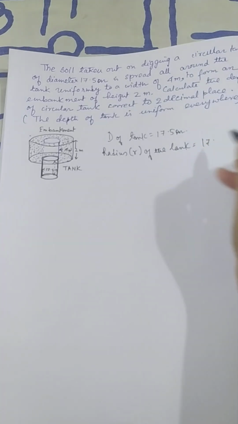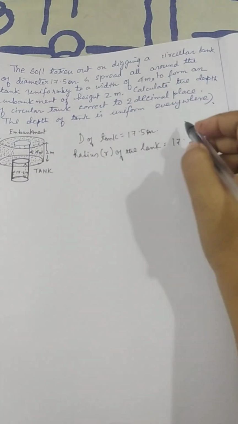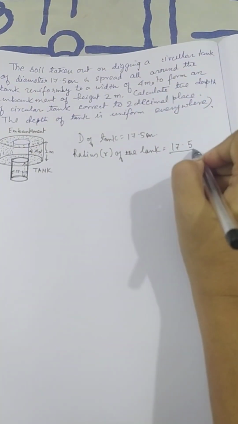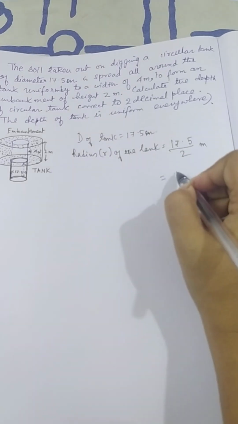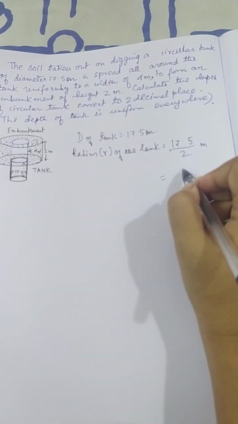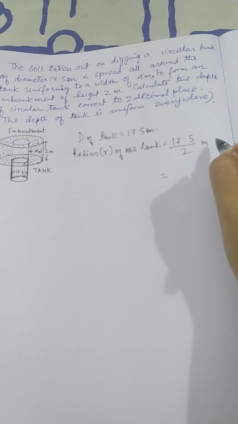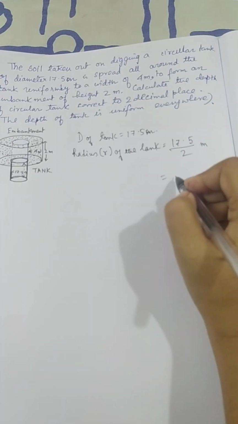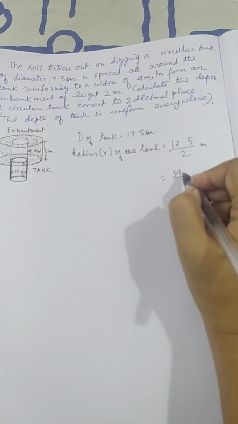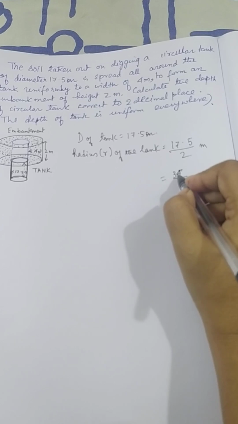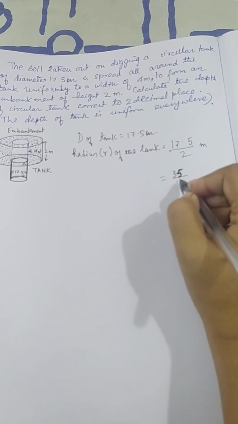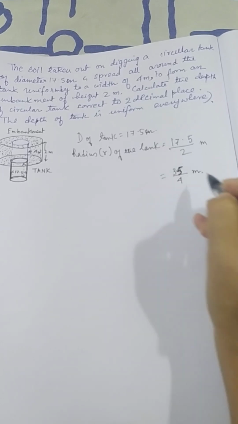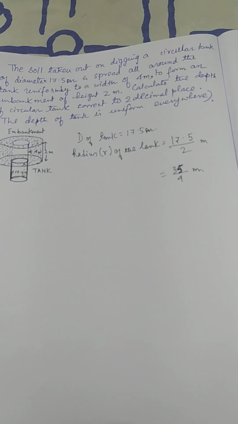It is 17.5 by 2, that is 35 by 4 meters. Okay. So 35 by 4 meters.